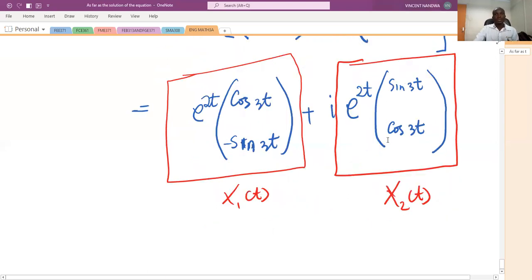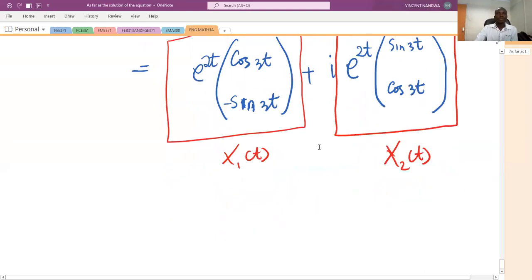And by superposition principle, the solution of the equation is the linear combination of these two sub-solutions.